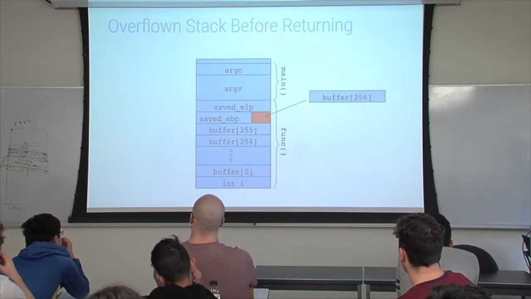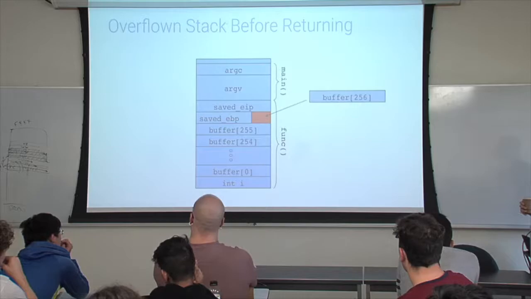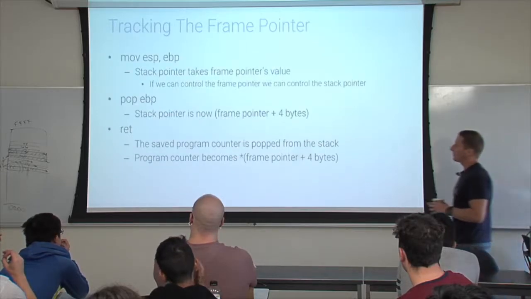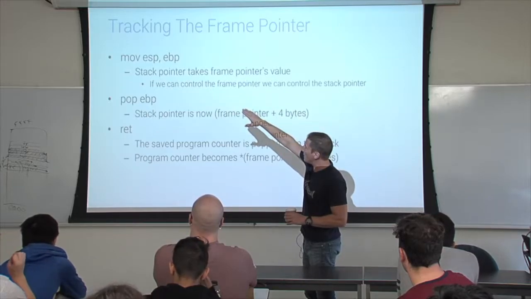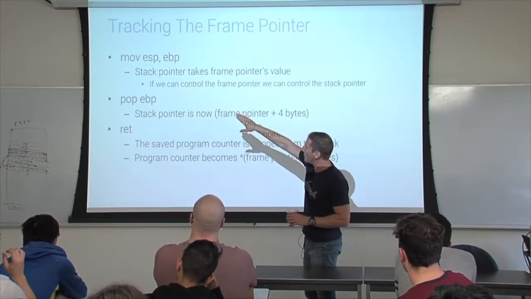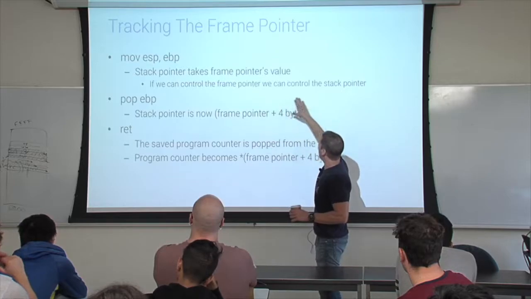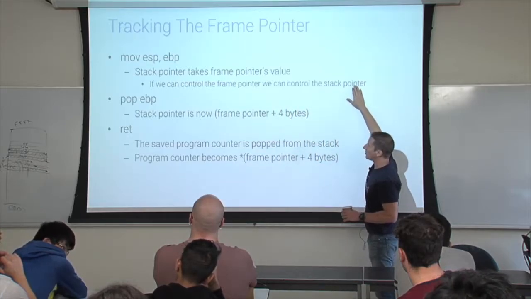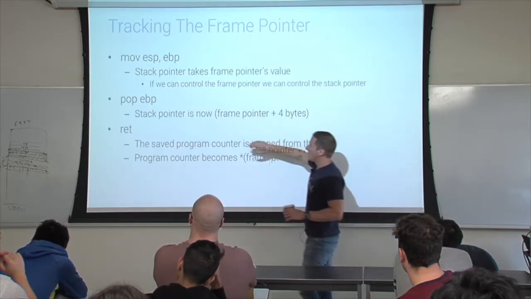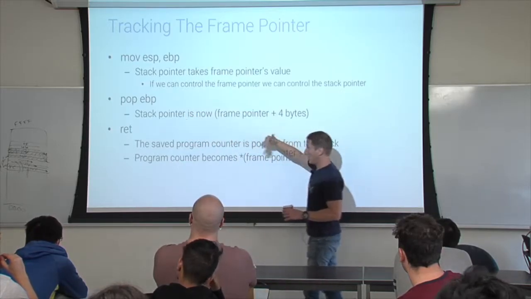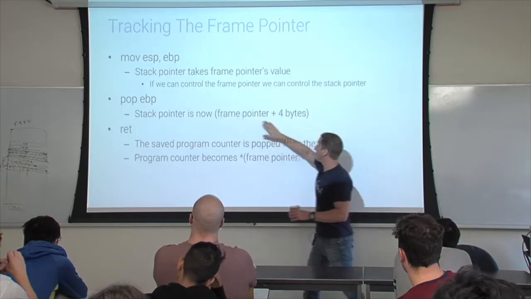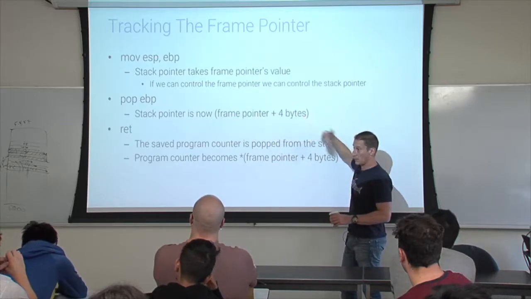If you think about what that means, think about tracking the frame pointer. So when you do move ESP EBP, that means you put the value of EBP in ESP. So at that point, we can control the stack pointer if we have the frame. When we do pop EBP, the stack pointer is now the frame pointer plus 4 bytes.